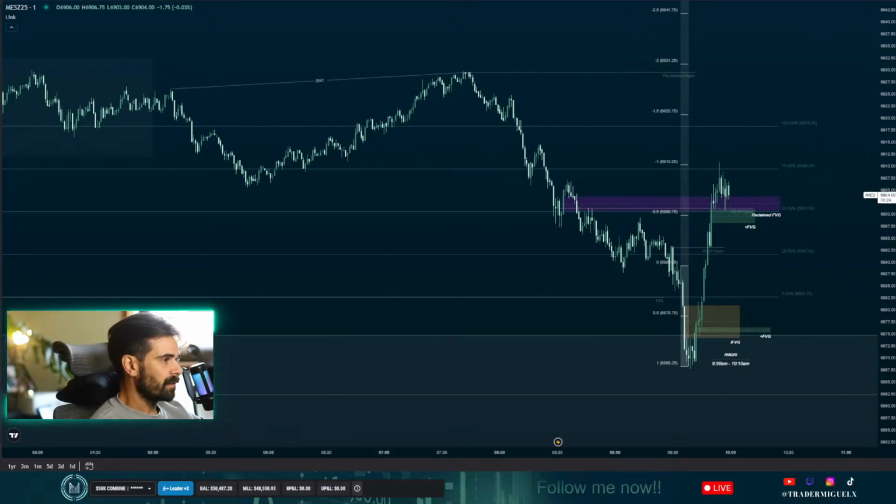Let's see if we will have an opportunity here to get in, or if price will just continue lower. I don't believe so, but sometimes it can happen.